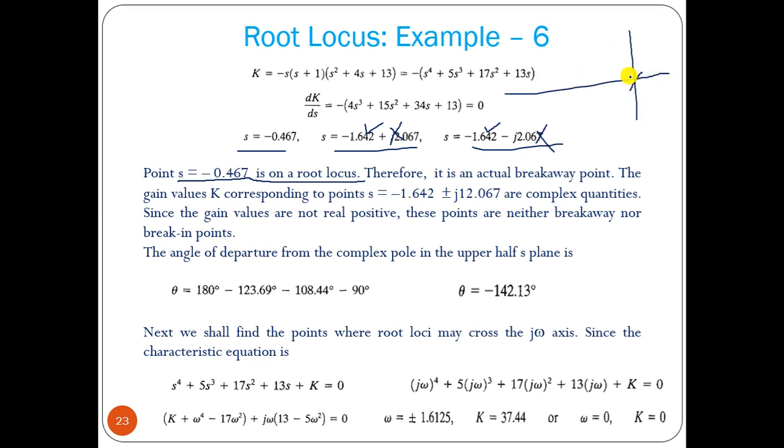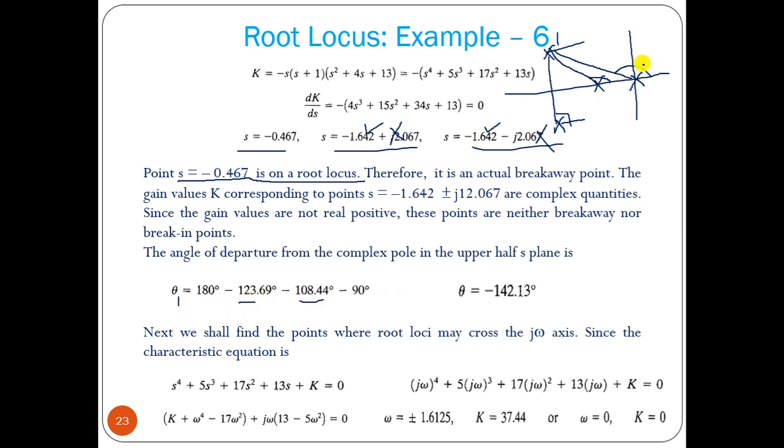So what we have, this is one pole, this is another pole, and we have 2 poles here. Connect these poles, this is 90 degrees. So this is the angle we have to find out. The departure angle theta is 180 degrees minus 90 degrees minus these two.